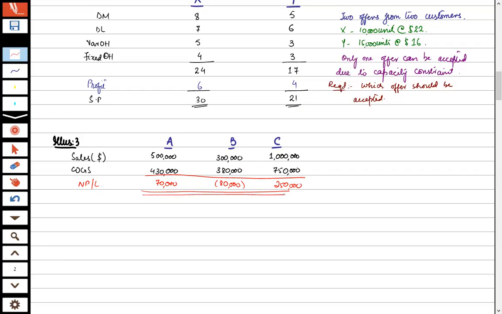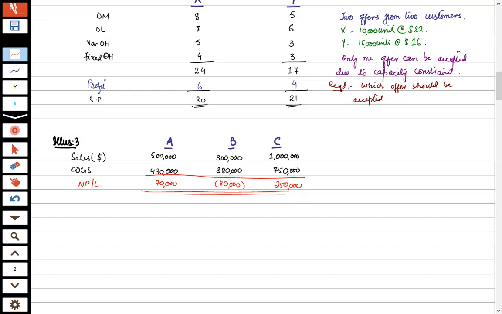Now the issue is that the board of directors or the management is concerned with the poor performance of product B and wants to discontinue it. But some of the management team say that no, it shouldn't be discontinued. Overall, it is contributing to the profit, or it may get good in the future.